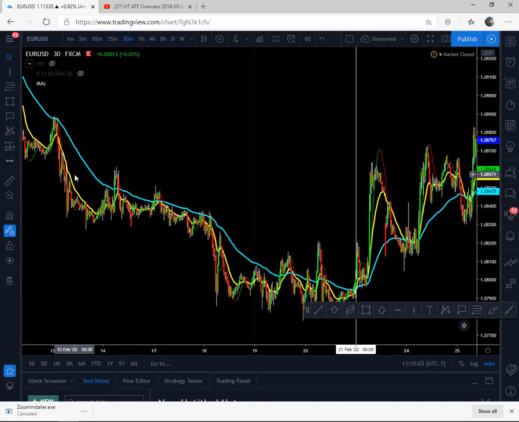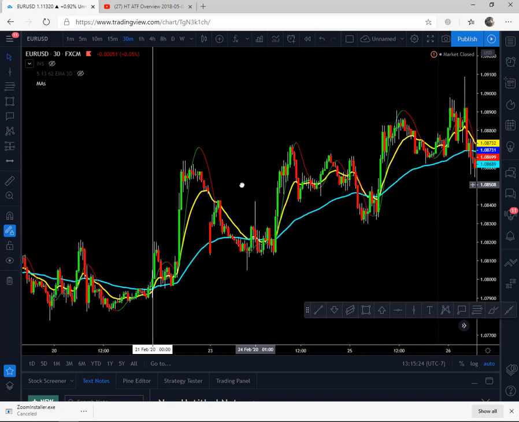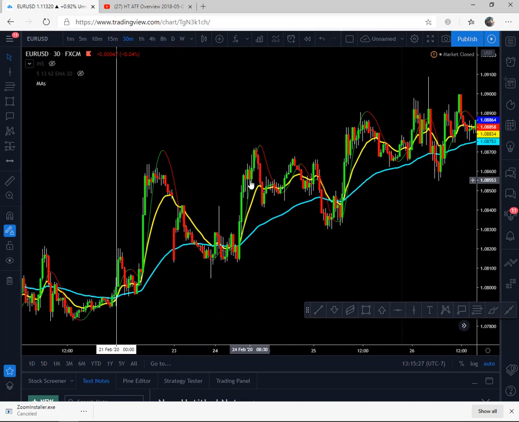So essentially, when price is below the 62, this aqua moving average, we are looking for shorting positions. And when it's above the 62, we are looking for potential long positions.